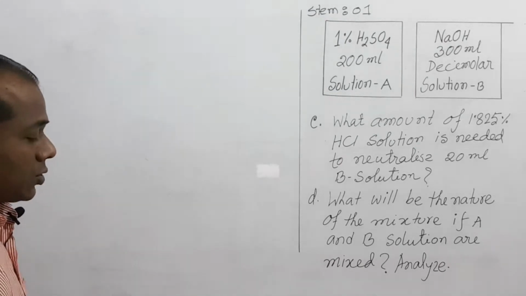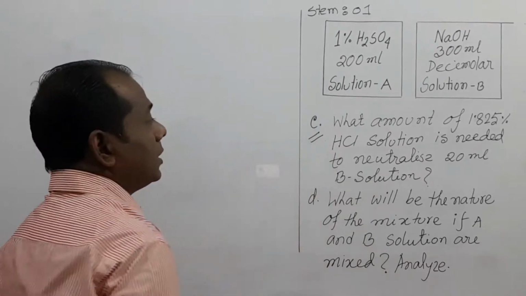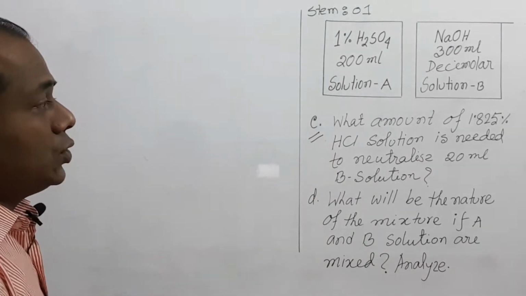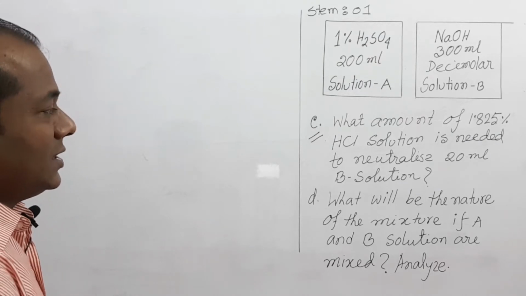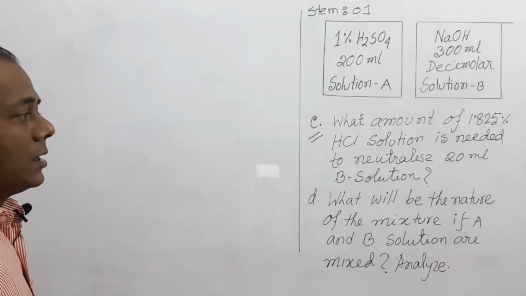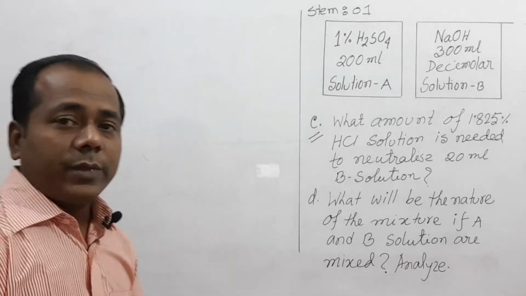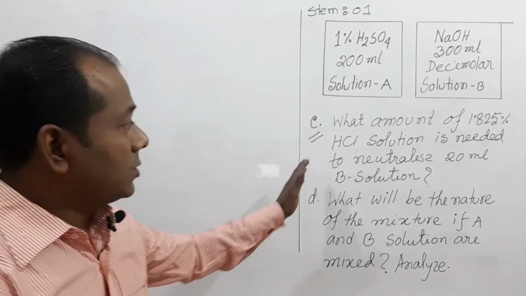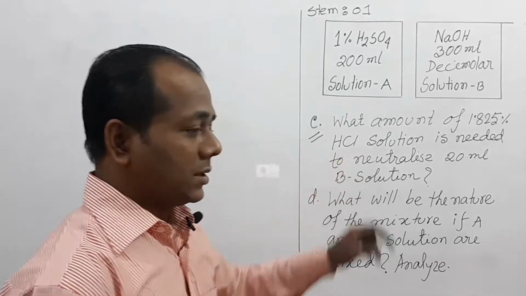So our first question is: what amount of 1.825% hydrochloric acid solution is needed to neutralize 20 ml B solution? My dear students, to solve this question, at first we have to know the concentration of hydrochloric acid.